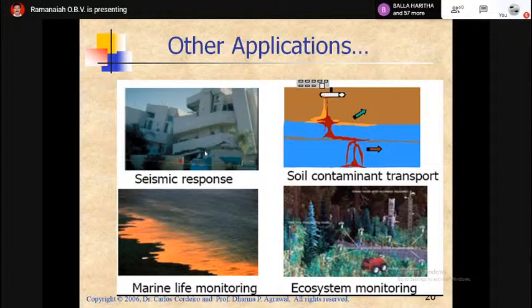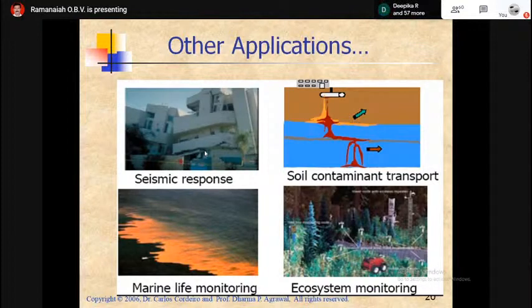industrial estates and industrial areas, where the industrial effluents or wastes are released and they mix up with the underground water. So the nearby villagers, they drink this water. So we place the sensors underground which will measure the quality of the water or the condition of the pollution.